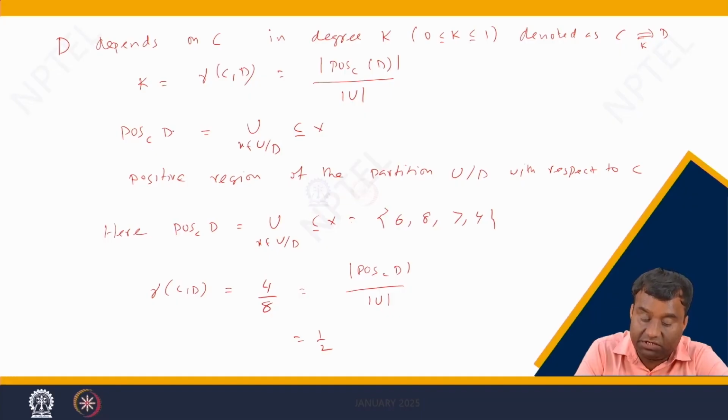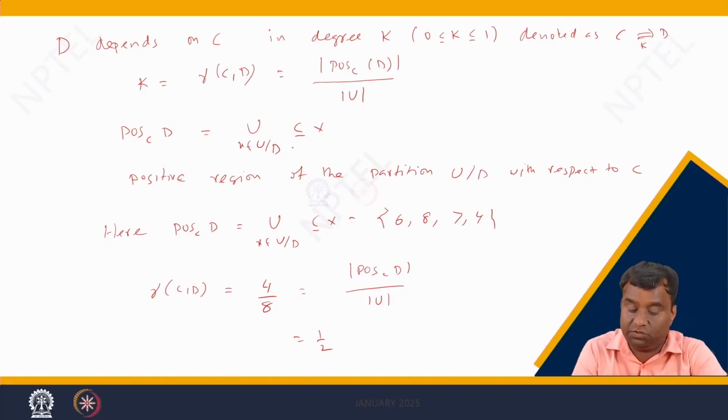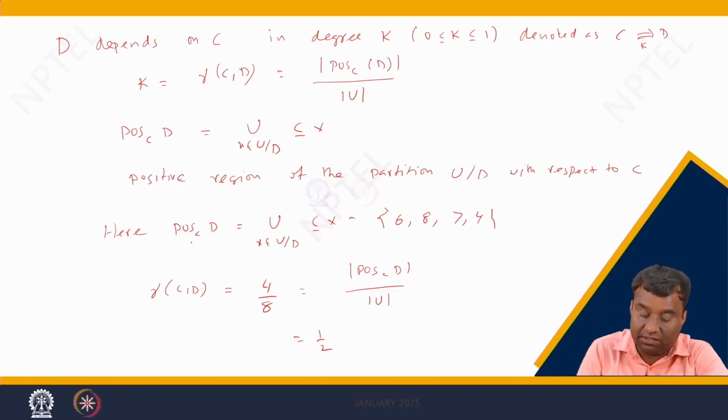Again, the positive region is the union of the lower approximations of x belonging to U/D, the positive region of the partition U/D with respect to C. So here the positive region is 6, 8, 7, 4.